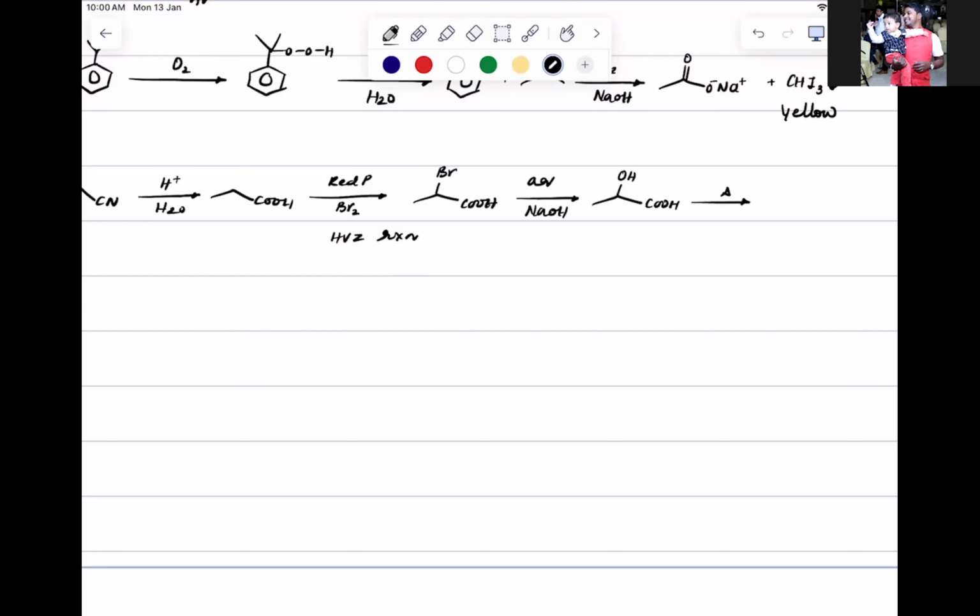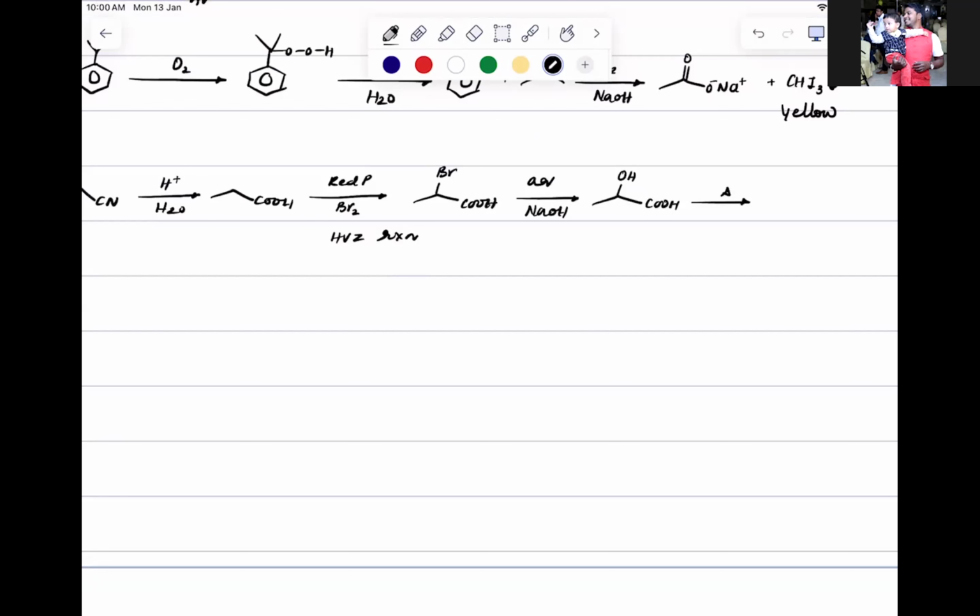Next, benzoic acid, if you treat with NaOH, CaO and heat, this is the soda lime decarboxylation reaction by which you will get benzene. Benzene with HNO3 and H2SO4 will make it nitrobenzene, NO2.